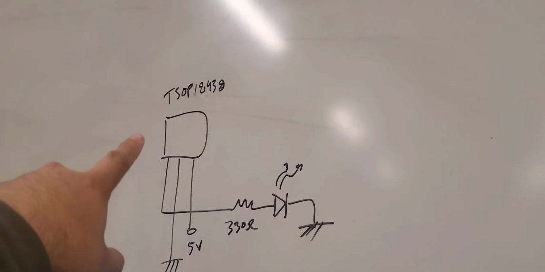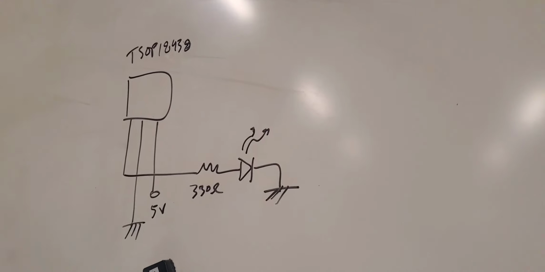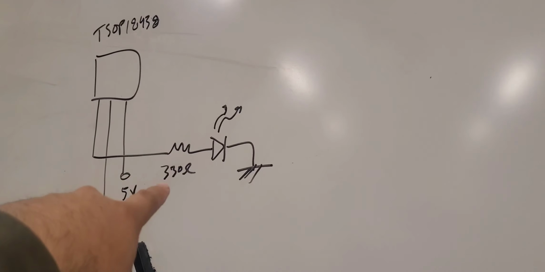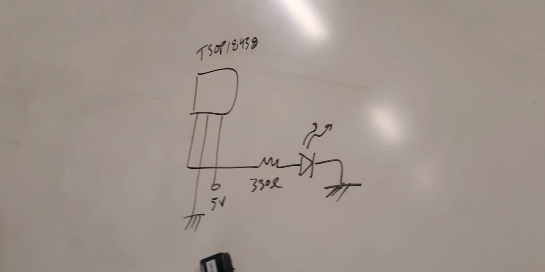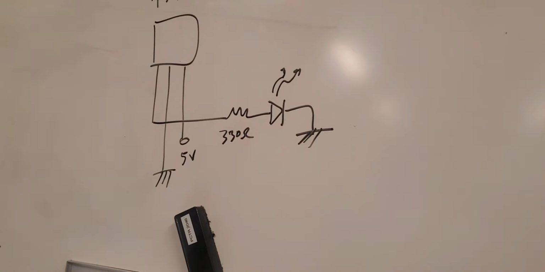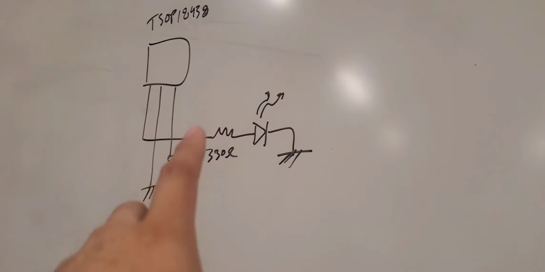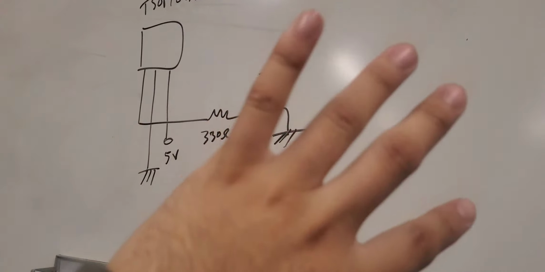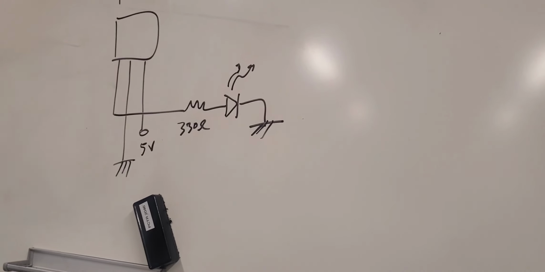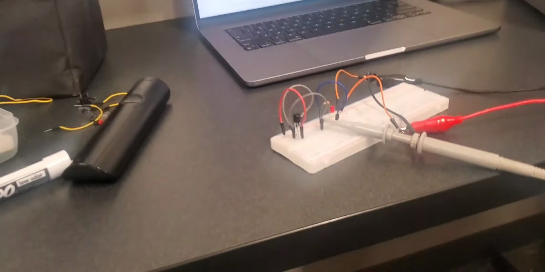As you can see, there's a TSOP, and its output is connected to a current limiting resistor and an LED. Very basic, very simple. So it's just a simple circuit that we could use instead of a more complex configuration with a transistor and a buzzer, right? And we'll see how that goes.